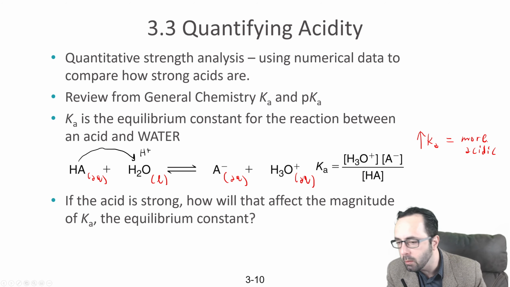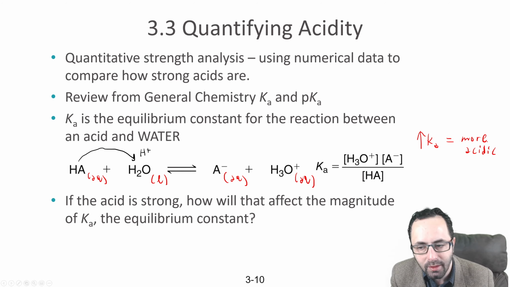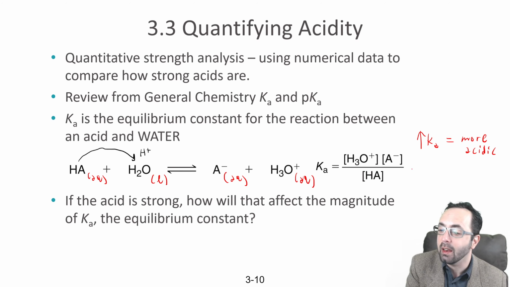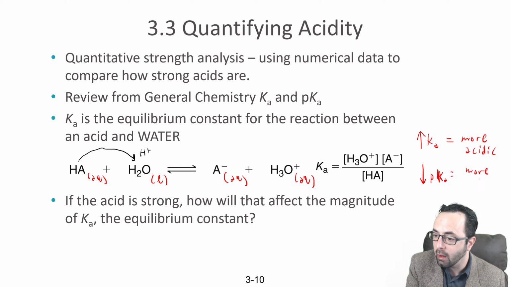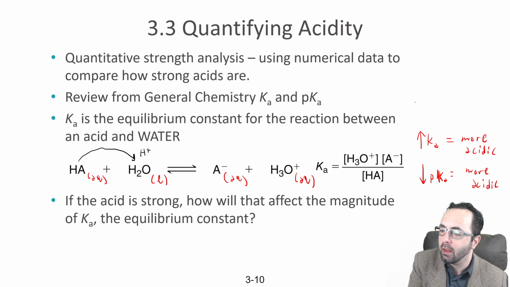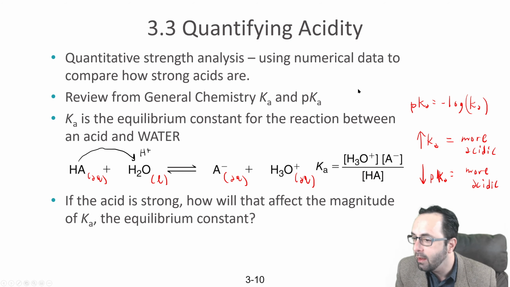But what we're going to be looking at is pKas. And what we're going to see is that the lower the pKa, the more acidic. The reason why this is true is because the pKa equals the minus log of the Ka. So the bigger the Ka is, the larger the log will be, and so it will be a larger negative number.